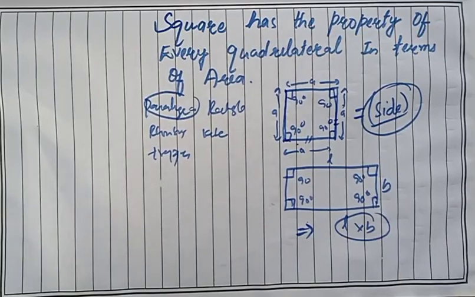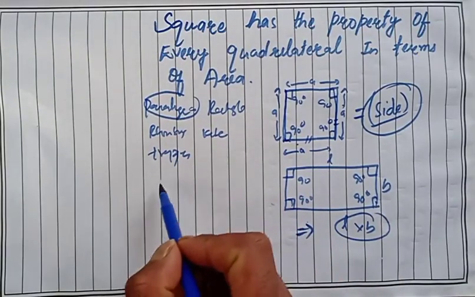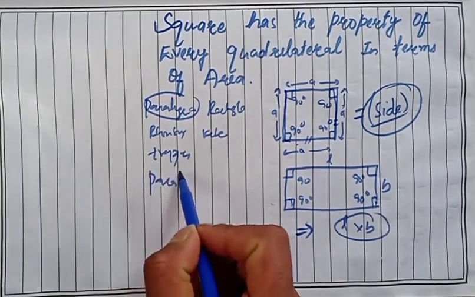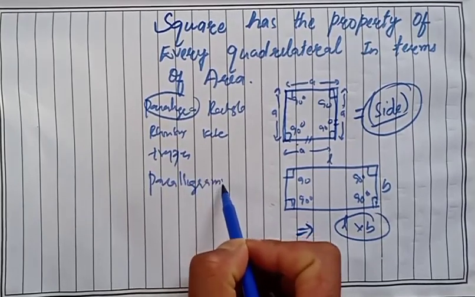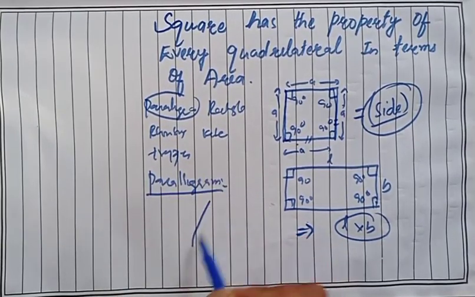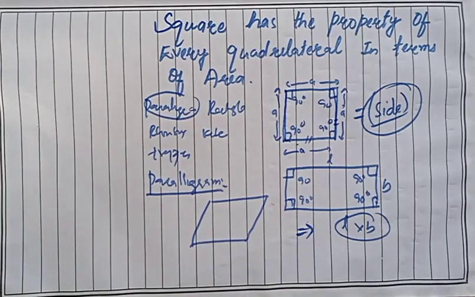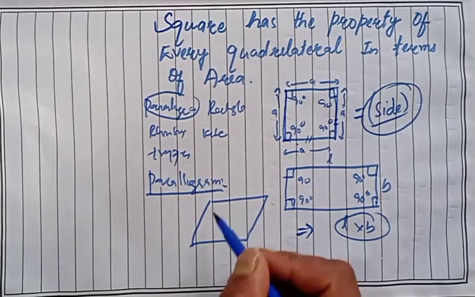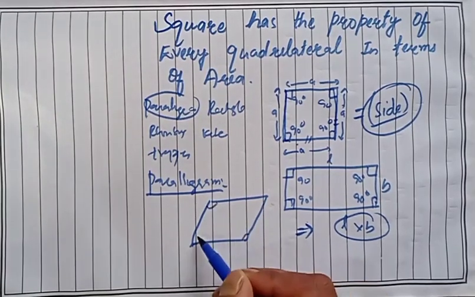Okay, if we talk about the parallelogram, it is shaped like this. We know the definition of a parallelogram: it is that type of quadrilateral whose opposite sides are parallel and equal, and opposite angles are also equal.